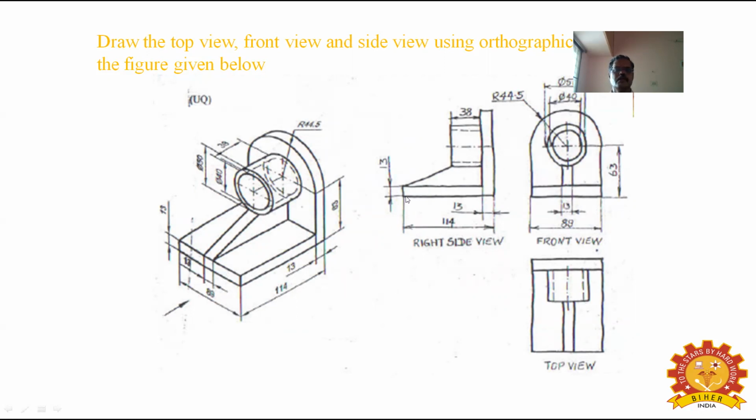Draw circles of diameter 50 and 40, and the boss, the smaller height, is called the rib height, with a width of 13 mm. Now this arc portion radius is given as R44.5.